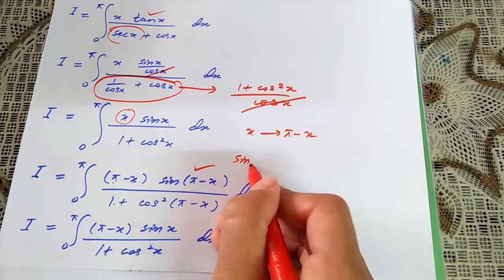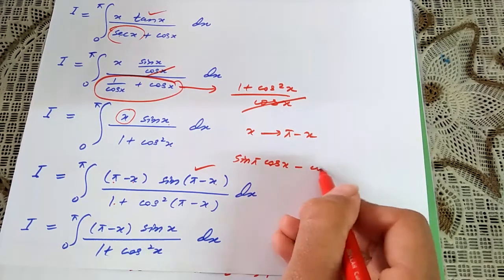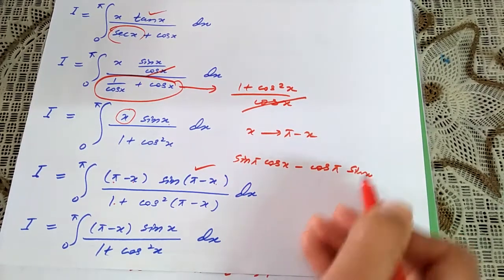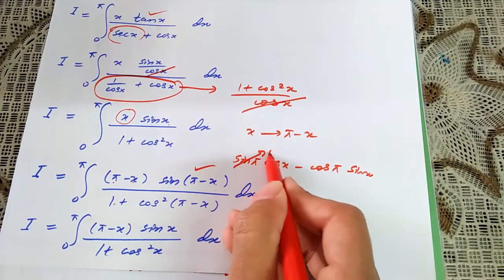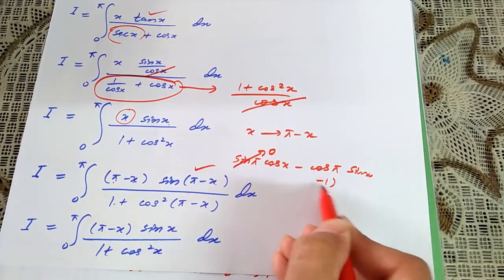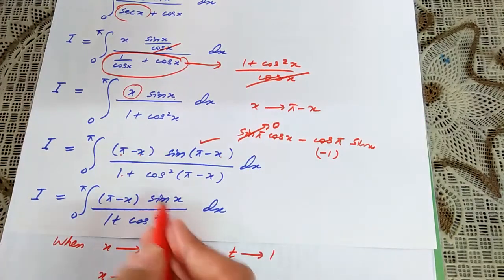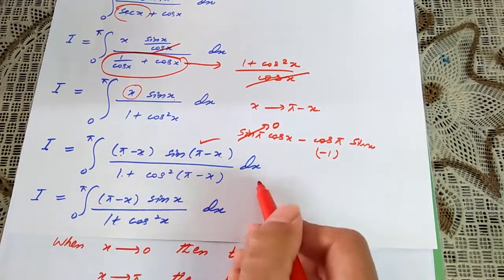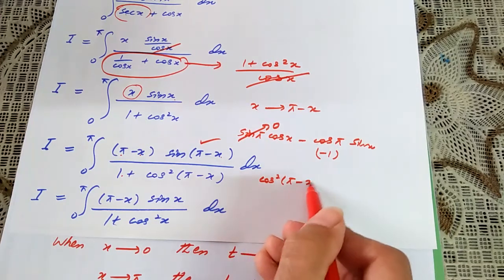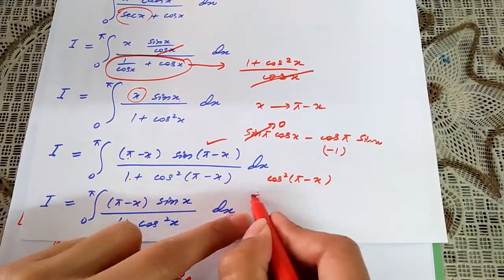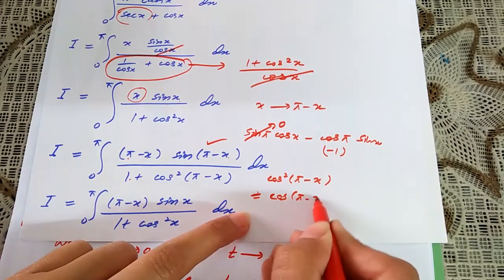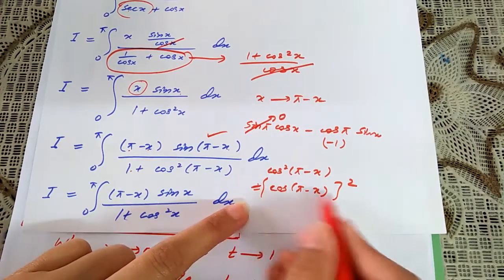Now open this identity. This will be sine of pi cos of x minus cos of pi sine of x. You know that this term goes to 0 and cos of pi is negative 1. So negative will become positive sine of x here. And cos square of pi minus x will be equals to cos of pi minus x whole square, and you need to open it.